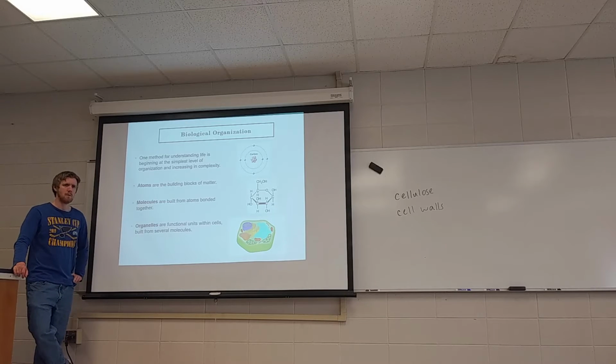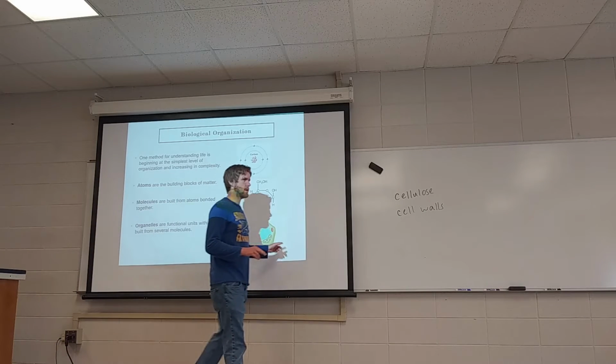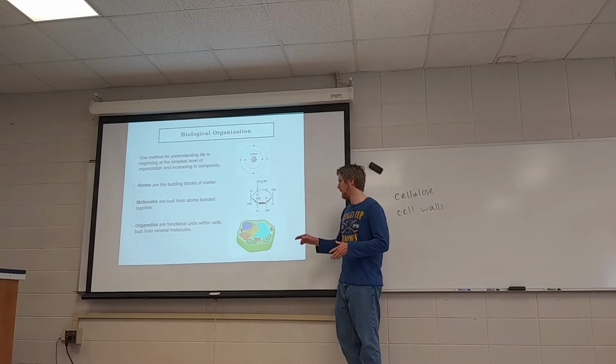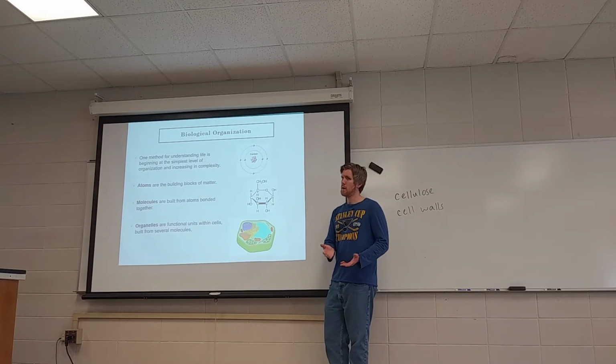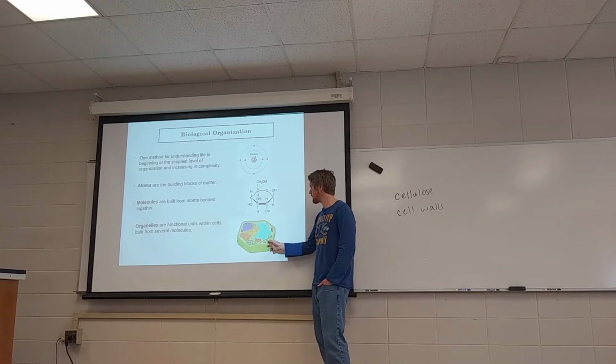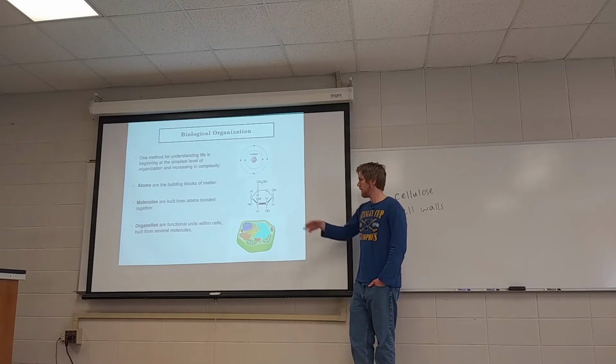That's why we have trouble with digesting certain plants. But cellulose makes up cell walls, and cell walls are one of the organelles that makes up a plant cell. Some other organelles in a plant cell would be chloroplasts, the central vacuole, the nucleus, mitochondria. There's a lot of them.